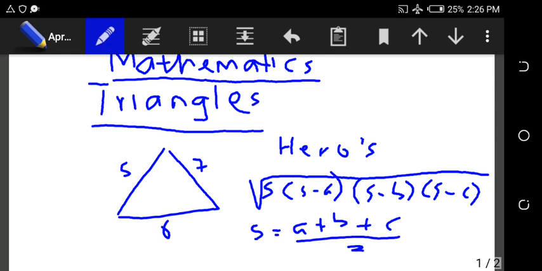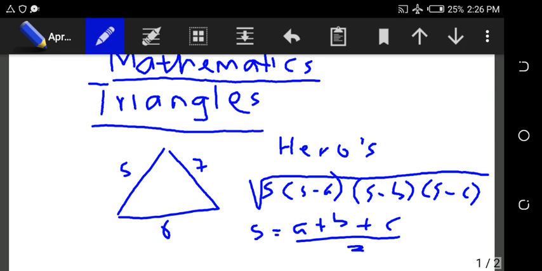Now you have to bear with my writing, because I'm using my thumb to scribble. So you have S being gotten by the summation of your A, B and C divided by 2. That is S, where your A, B, C stands for each of the sides of the given triangle.